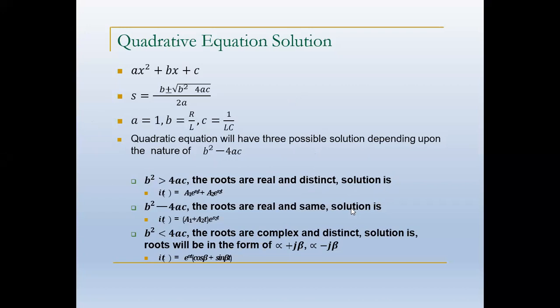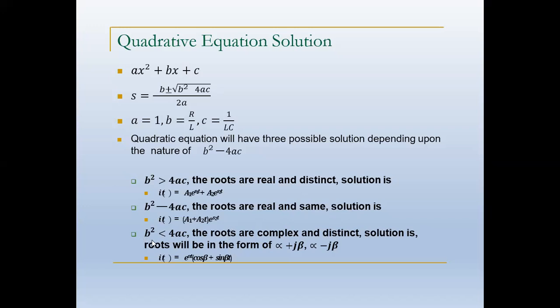You only need to understand these values; no one will ask you the derivation. If b square equals 4ac, the roots are real and equal, and the solution is I of t equals (a1 plus a2 t) e raised to s t.